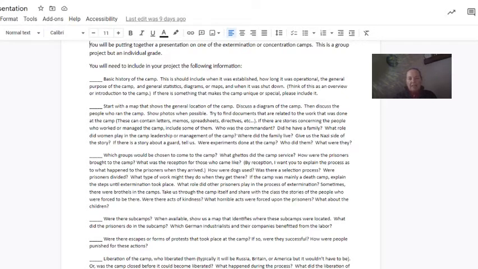It goes on to say, try to find documents that are related to the work that was done at that camp. At Chelmno, you don't want to make a mistake and use Sobibor information or Auschwitz information. Specifically focus on Chelmno because it's a very distinctive camp. Don't just take general information, but it's also easy to find.